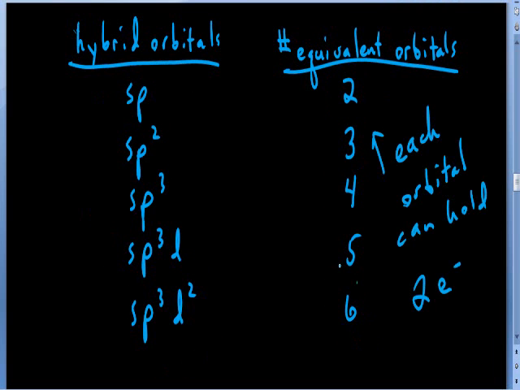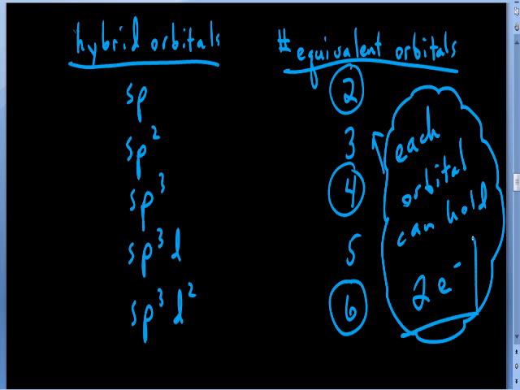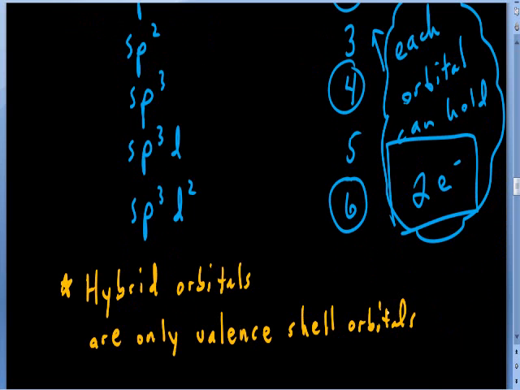In our hybrid orbital bonding scheme, each orbital can hold 2 electrons when creating a molecule. So in every orbital, whether it's sp with 2, sp3 with 4, or sp3d2 with 6 equivalent orbitals, each orbital has the capacity to hold 2 electrons.